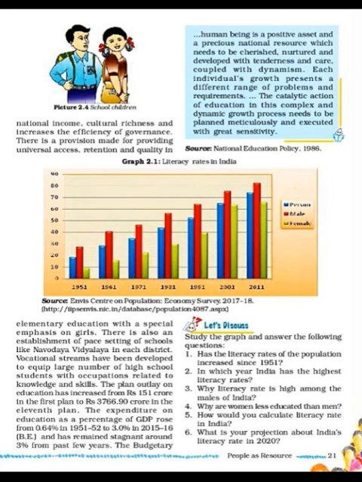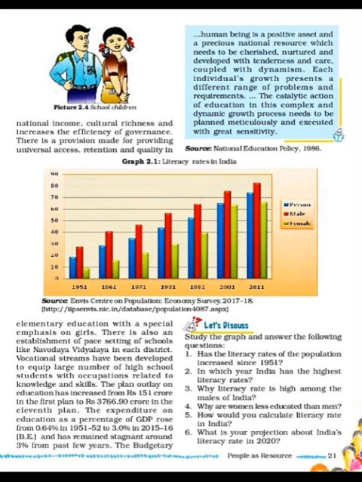And the government has also taken various steps to spread education among the people, and the government strives to provide universal access to education. So various policies are being launched by the government of India in order to provide universal access to the rural people, to the rural children, to the poor people.